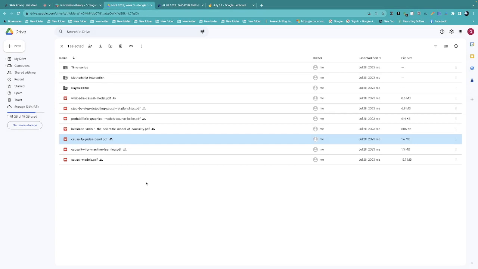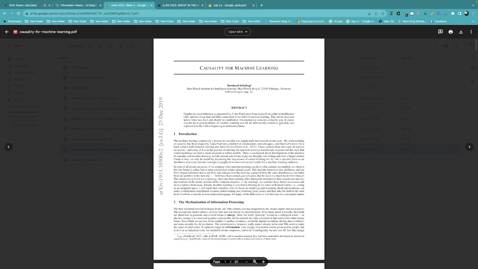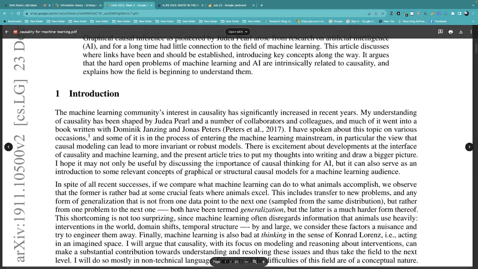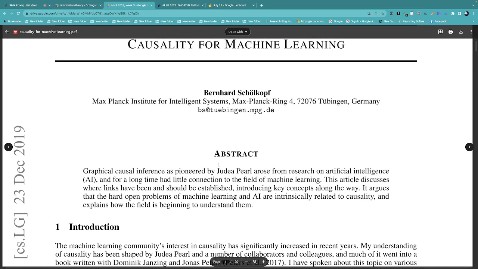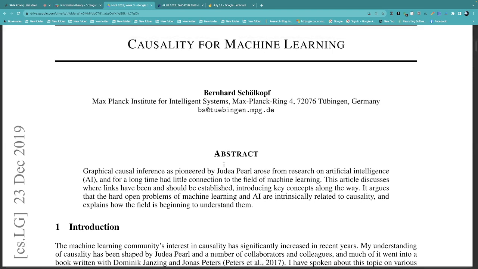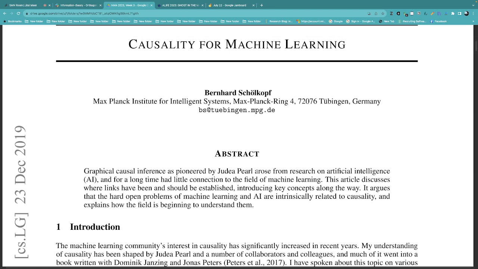So yeah, and then there are two other papers here: Causality for Machine Learning, which is a paper specifically about how the machine learning community uses the idea of causality. And they draw, like I said, largely from the work of Judea Pearl and some of these other things. For a long time, people in machine learning didn't use causal models.